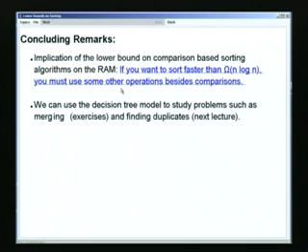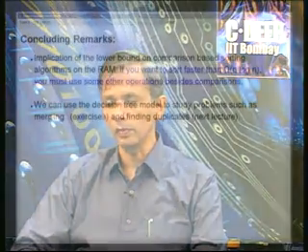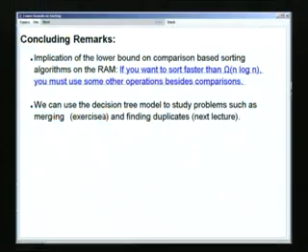or it can also be used to study problems such as putting lower bounds on the time to calculate the intersections between two given sets. Now, this problem might seem rather different from sorting, and it is perhaps somewhat surprising that decision trees can be used for this. Nevertheless, they can be used, and in fact, we will see the finding duplicates example in the next lecture.